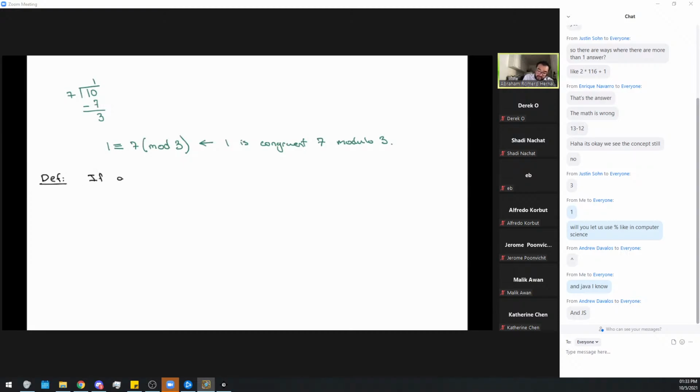If A and B are integers and M is a positive integer, so I'm going to show you what I mean by relation. Then A is congruent to B modulo M.